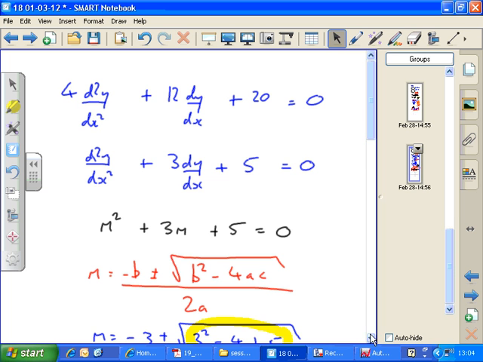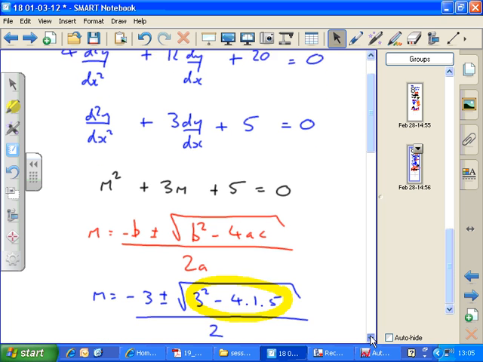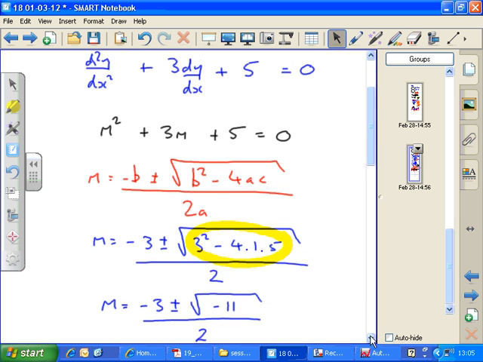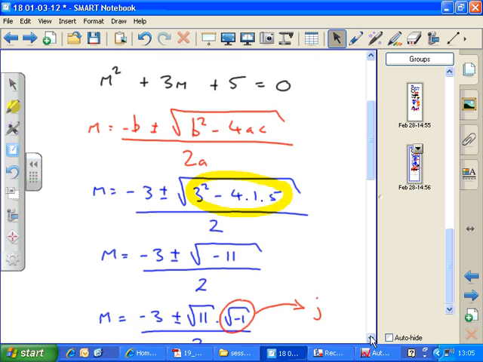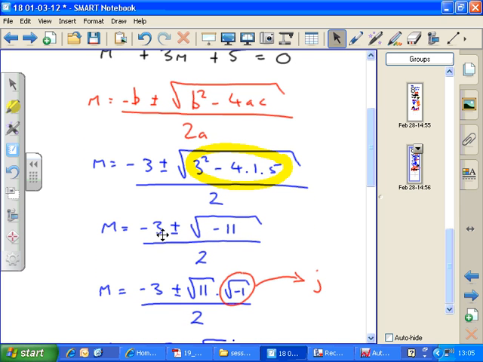So using the quadratic formula, put the numbers in, I end up with minus 3 plus or minus the square root of minus 11 over 2. So if you try to do this in one hit on the calculator, you'll get a maths error because it tries to work out the square root of minus 11, which it can't do. So you need to split the calculation into its constituent parts using the calculator here.